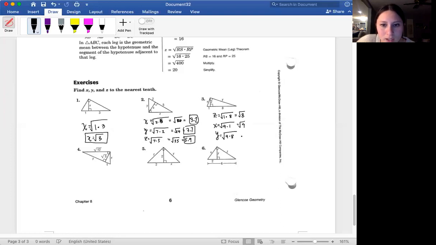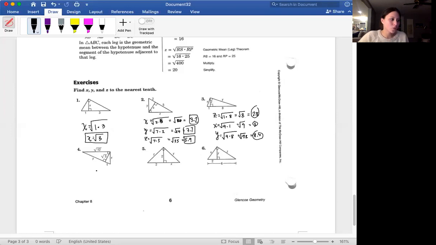This would be 9. This would be 72. So square root of 8 is 2.8 roughly. Square root of 9 is 3. Square root of 72 is 8.5. All right, those are our answers.